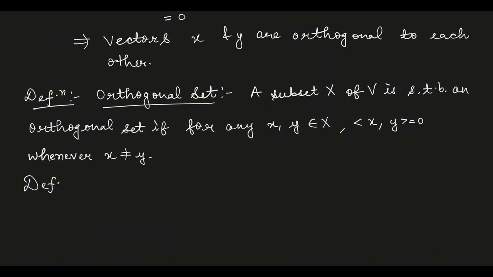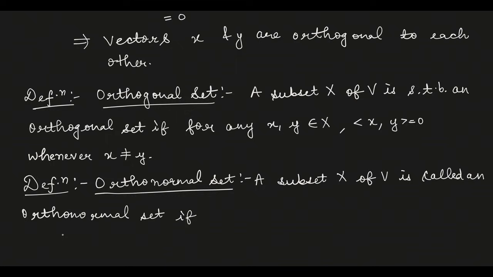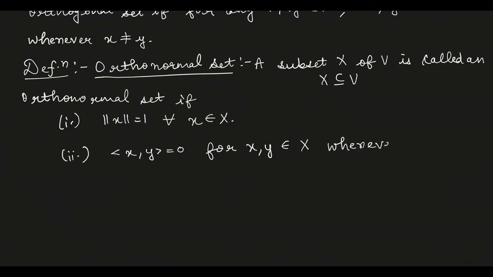Now the next definition is orthonormal set. A subset X of V is called an orthonormal set if, first property, norm of x is equal to 1 for all x belonging to X, and second property, the inner product of x comma y is 0 for x comma y belonging to this subset of inner product space V whenever x is not equal to y.